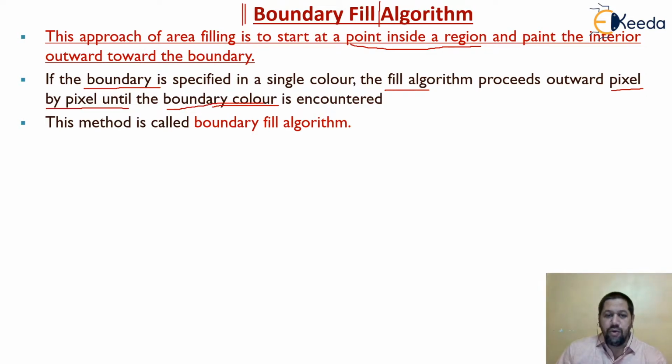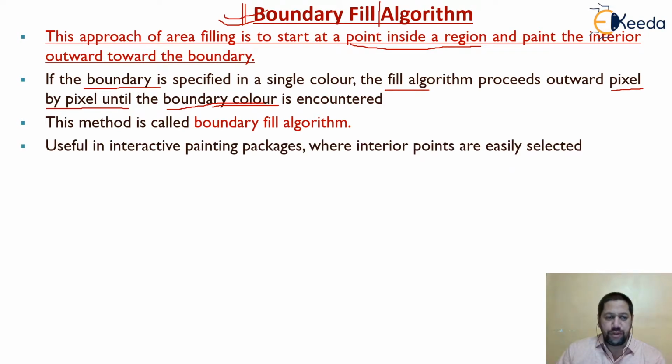We are considering here that the background color is different, the boundary color of the polygon is different, and the fill color of the polygon is also different. That's why the boundary is separate, and that's why this method is called the boundary fill algorithm.